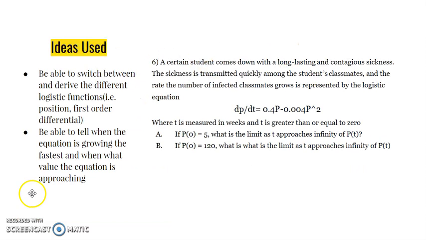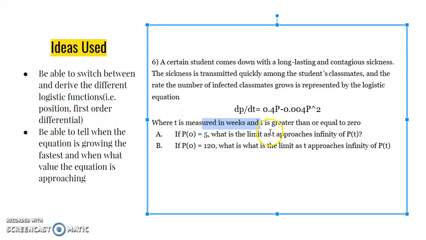But some problems will not always be given to us in these P of t and dy over dt forms. Instead, they'll be given to us in problems like number 6 on our worksheet, where a certain student comes down with a long-lasting and contagious sickness. The sickness is transmitted quickly among the student's classmates, and the number of infected classmates grows, represented by the logistic equation dP over dt equals 0.4P minus 0.004P squared, where t is measured in weeks and t is greater than or equal to 0.